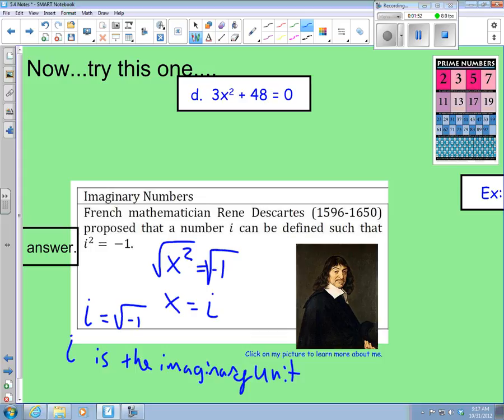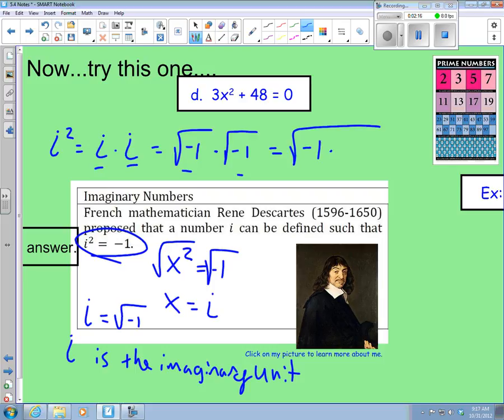Now they talk about i squared being equal to negative 1, because we're going to work a lot with i squared. And where does that come from? Well, I guess it comes from here. i squared equals i times i. Well, what is i? i is equal to the square root of negative 1. So that's the square root of negative 1 times the square root of negative 1. There's your two i's right here and here. Well, we can put those together and say that's the square root of negative 1 times negative 1.